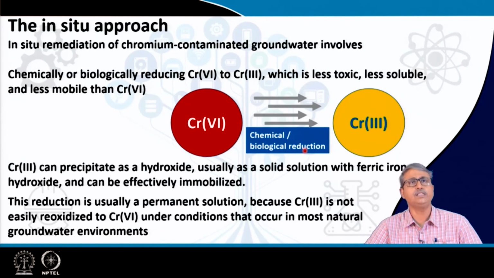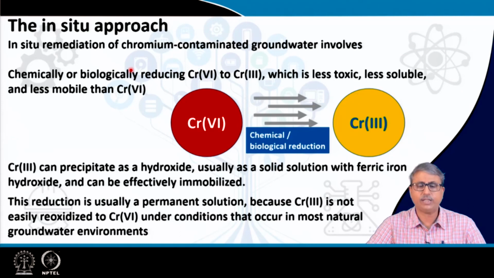Now, during this in situ approach at the Hanford site, initially the in situ remediation of chromium contaminated groundwater was done involving both chemical as well as biological agents to reduce chromium 6 to chromium 3, which, as I mentioned, is less toxic, less soluble and less mobile than chromate.